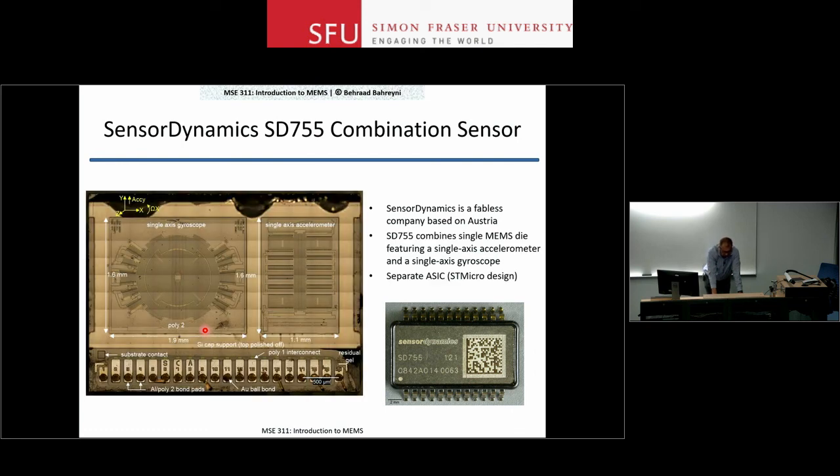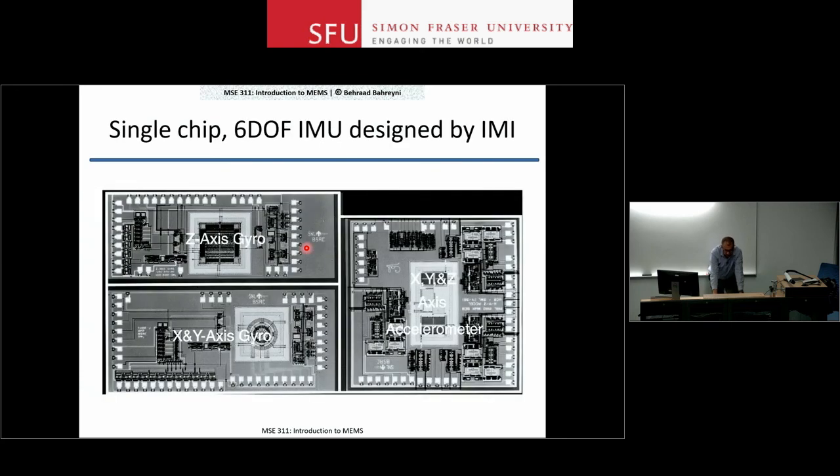Here's another example. In this case, we have one of these rotating wheel type gyroscopes next to an accelerometer. So this is one chip or one package that gives you acceleration as well as angular rate information. Here is another example, a 6 degree of freedom IMU, so it measures the acceleration and angular rate along 3 axes.